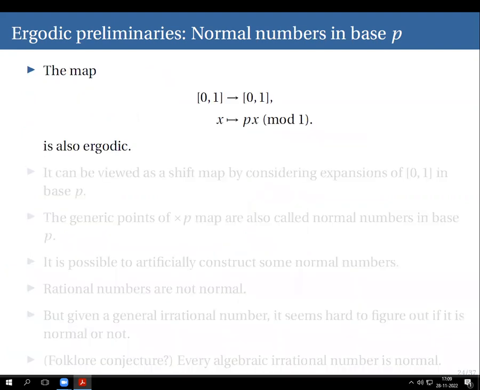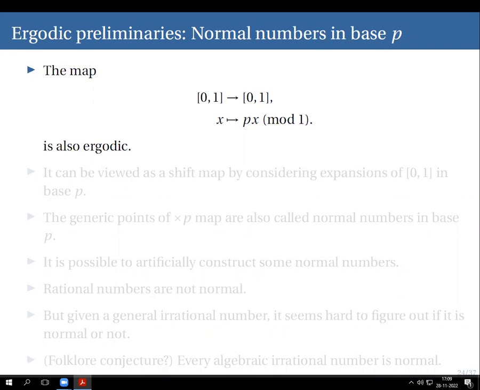Okay. We have these p-adic numbers, but you can also think of real numbers. I wrote down the summation a_n p to the n, but you can also think of real numbers with a_n over p to the n. After all, I'm just interested in digits, so you can either think of it in Z_p or in [0,1].